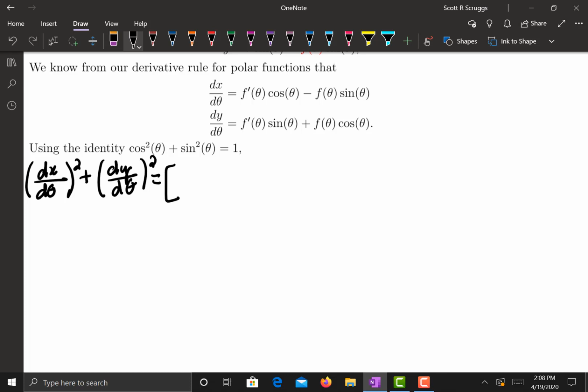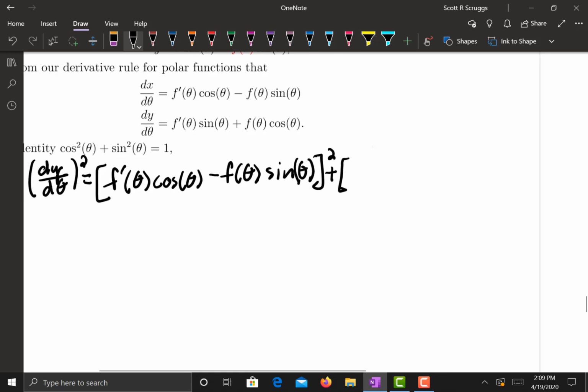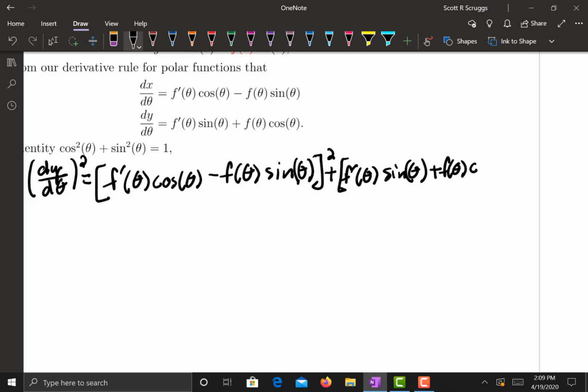So I substitute in my first equation, f prime of theta times cosine of theta minus f of theta times sine of theta, all of that squared, plus f prime of theta times sine of theta plus f of theta times cosine of theta, squared.